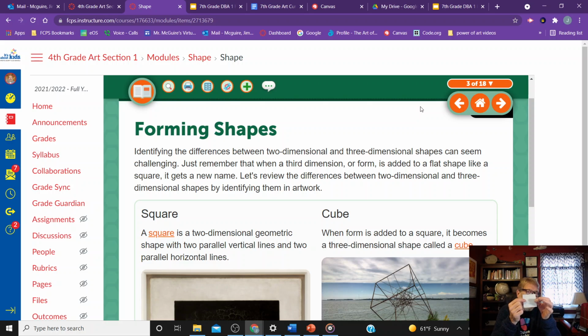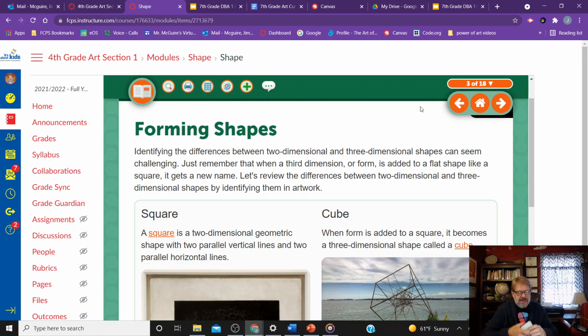So we're thinking of this as two-dimensional. It has one dimension being height, a second dimension being width, but it doesn't really have that third dimension, that third D, which is depth, if it went back this direction.